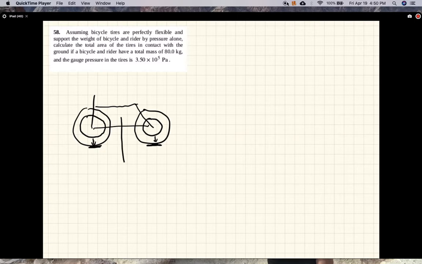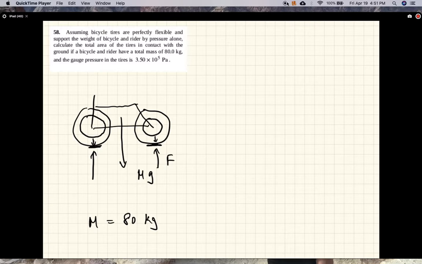Now the weight to be supported is mg, where m is 80 kg. So this force is the force of gravity on the bicycle, and the only other object in contact with the bicycle is the ground.